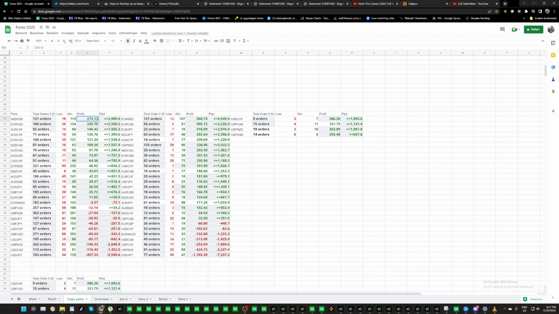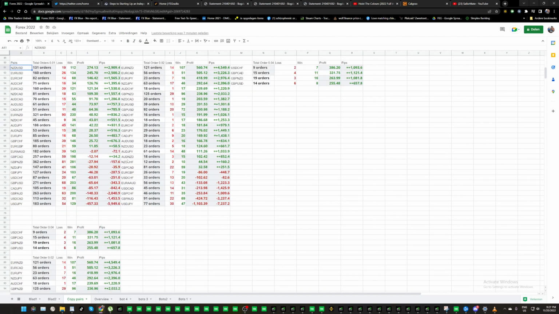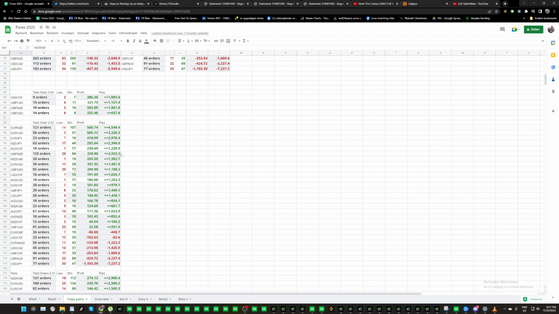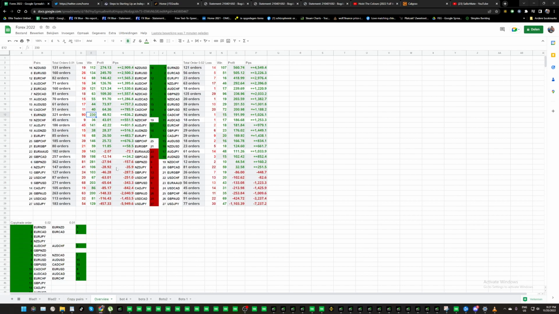And then again, if I look at the euro, New Zealand dollar, USD, you can see that over here because I've basically numbered them. I numbered the euro New Zealand dollar number 1, 2, 3 till 18.